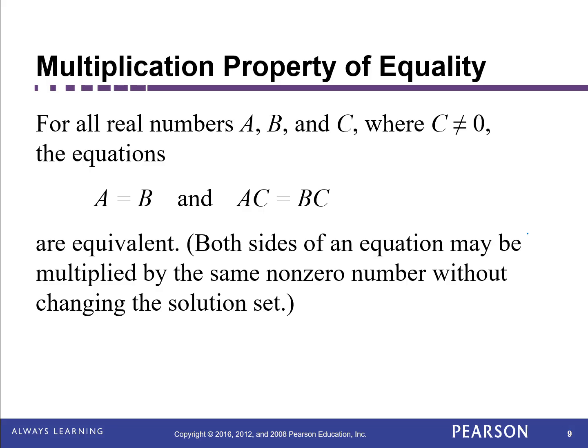For all real numbers a, b, and c, where c is not equal to 0, the equations a equals b and ac equals bc are equivalent. Both sides of an equation may be multiplied by the same non-zero number without changing the solution set. Okay, so I can add to both sides and it doesn't change anything. I can multiply to both sides and it doesn't change anything.